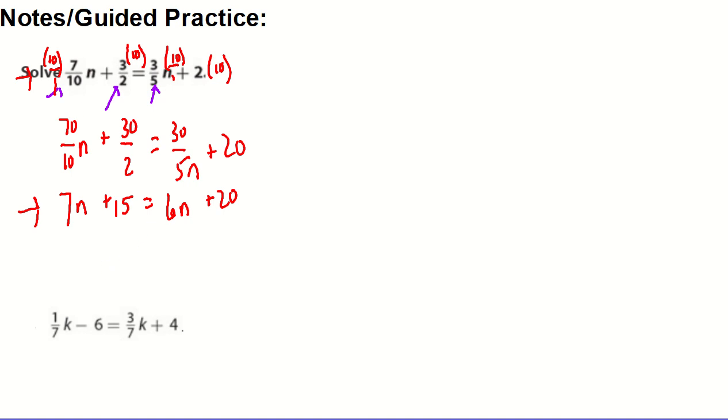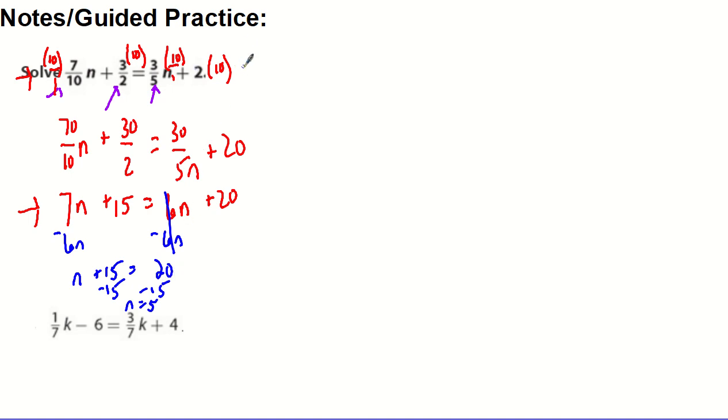And now I get to solve this equation the way we were solving equations in 7.1, or for the last week and a half. I get to move over the smallest of the two, so I'm going to subtract 6n from both sides. That makes n plus 15 equals, well that cancels, I have positive 20, so I get to subtract 15 from both sides. And I didn't have to do any operations with any fractions, and I just got n equals 5.